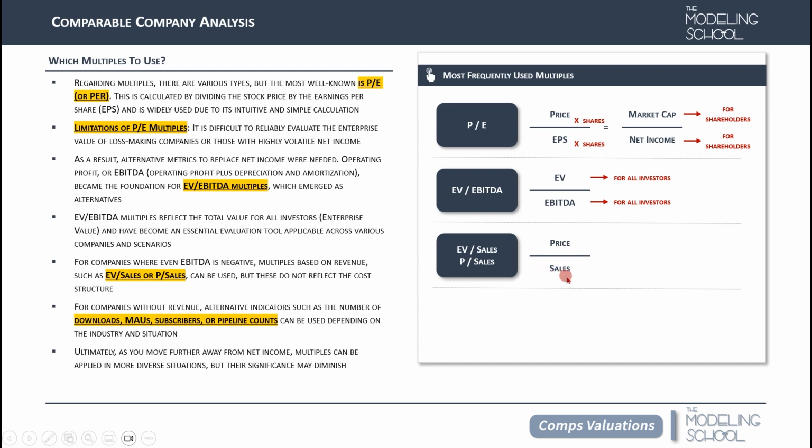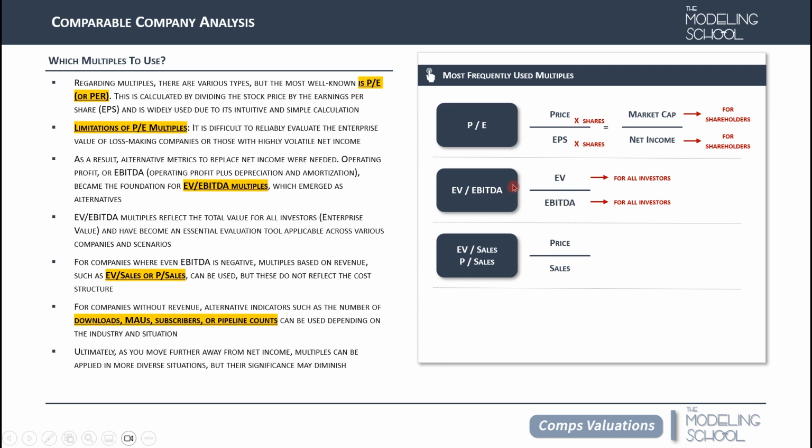It doesn't really care about how much the company spends in terms of expenses. So again, it can be much more applicable to a wider range of companies because we can use it for startups or very early stage companies with negative EBITDA.